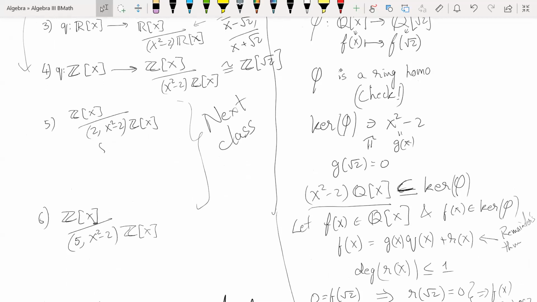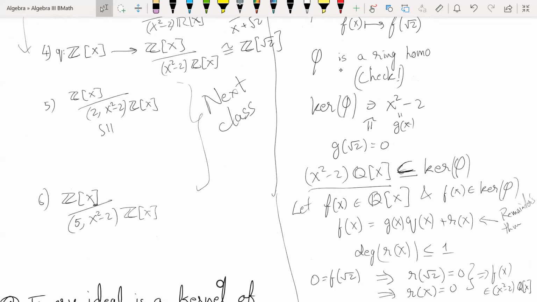This is interesting. I'll tell you roughly what this is. You are going mod 2 and x square minus 2. The point is you can do it in steps. So this is Z polynomial mod 2, modulo x square minus 2. This is going to be isomorphic to, let's say, Z y mod y square. Not naturally, so maybe I should just put y here.